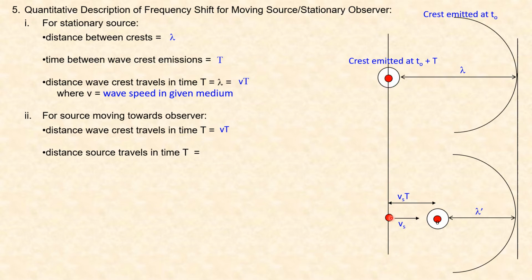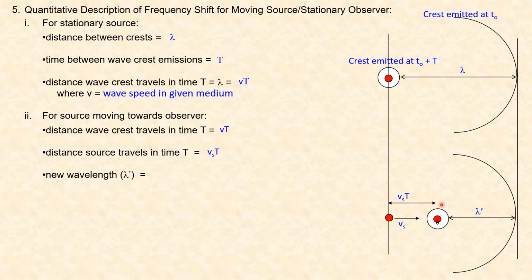But because the source is moving to the right, after 1 period it is now a distance here equal to the source speed times the period. That's what this distance is. So we can say that the source travels a distance v sub s, the speed of the source, times a period, in a time equal to 1 period.